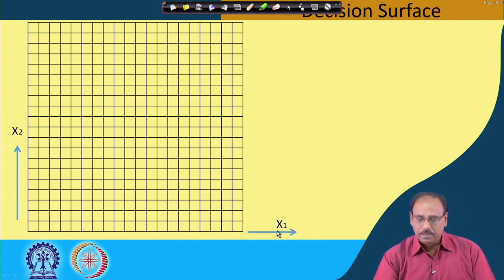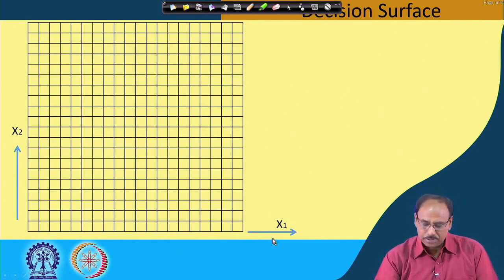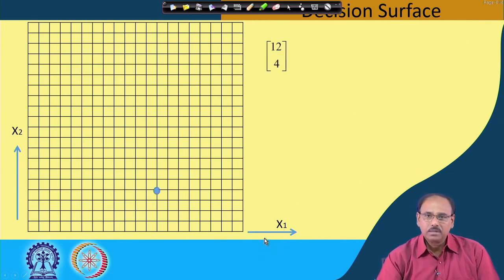To illustrate this, I take a set of points from both class omega 1 and class omega 2. I am considering a 2-dimensional feature space, and the features are say x 1 and x 2.